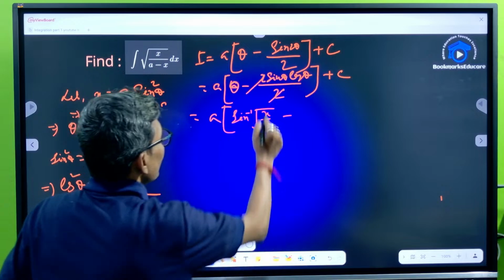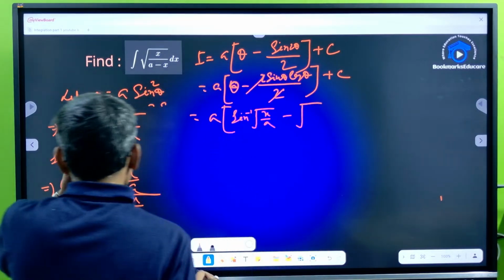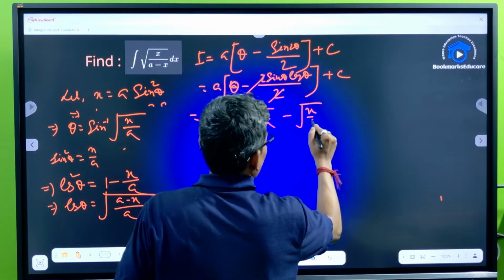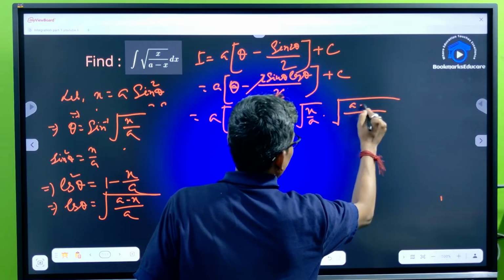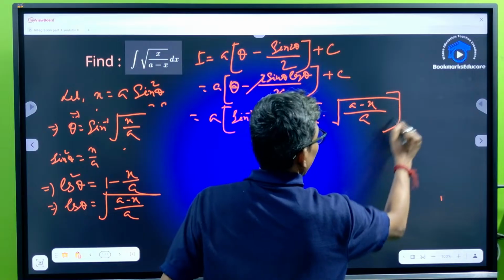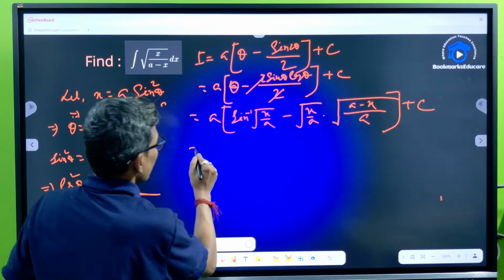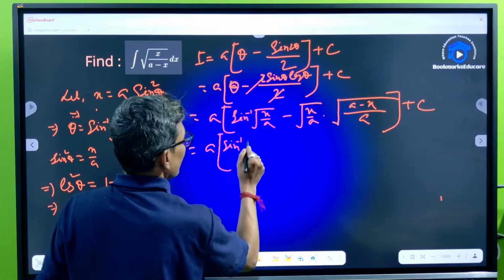Clear? So sin theta means root over of x by a into cos theta means a minus x by a plus c. So a into sin inverse.